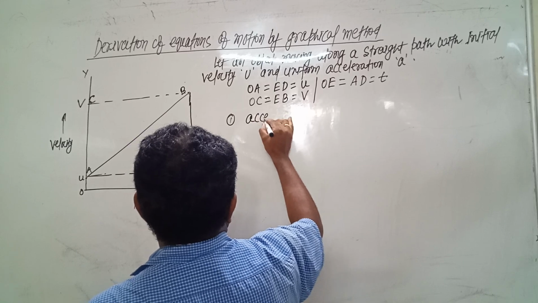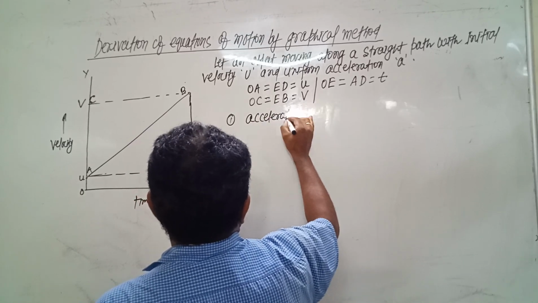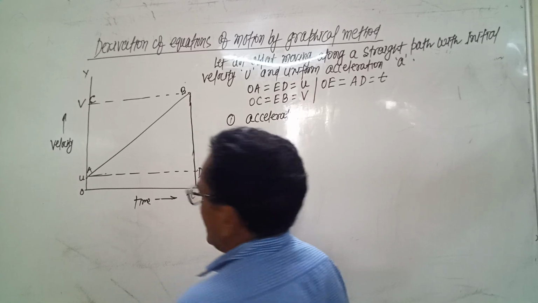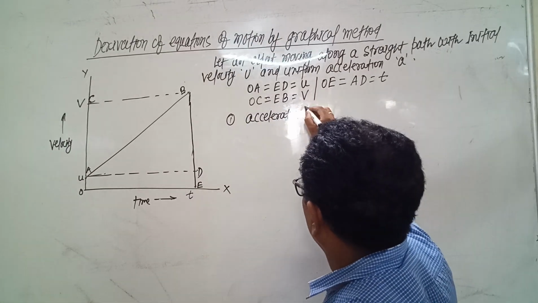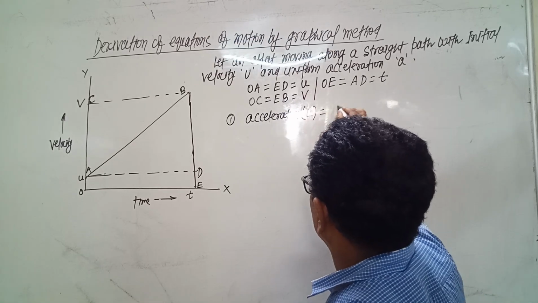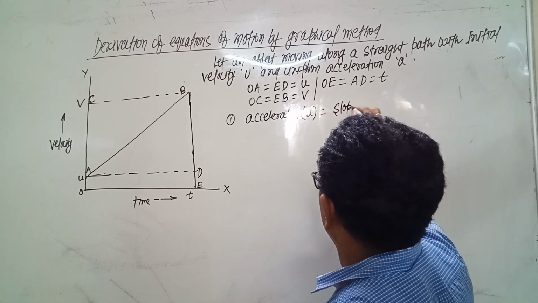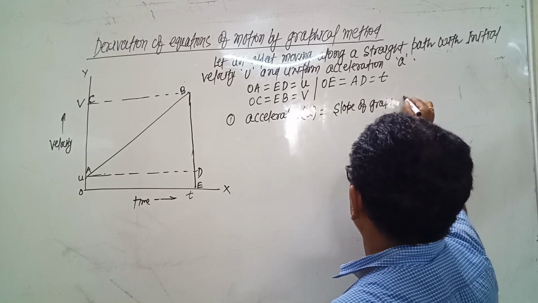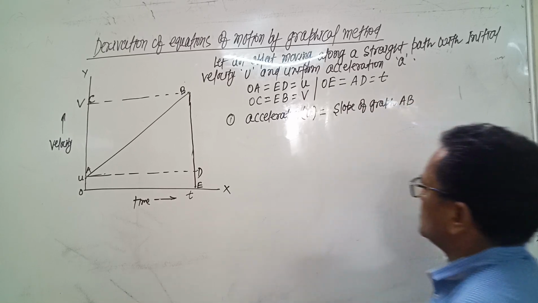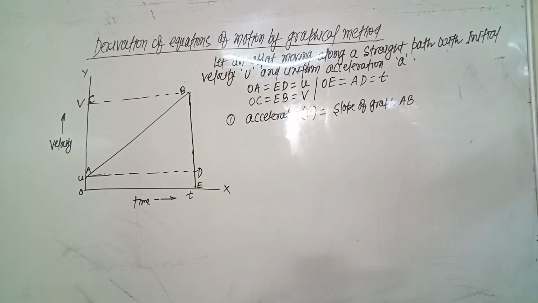Acceleration a is equal to the slope of graph AB, because we know that the slope of the velocity-time graph in a uniformly accelerated motion gives the acceleration.